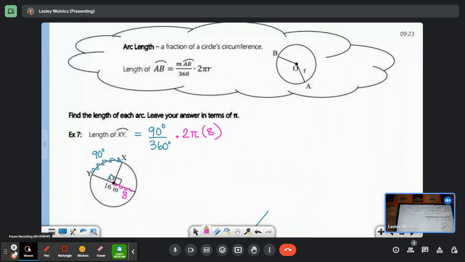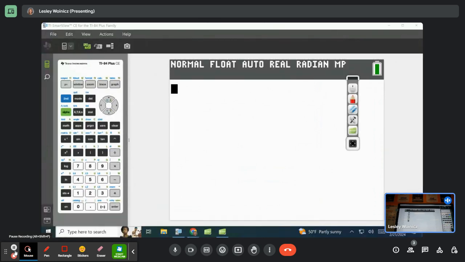Leave it in terms of pi. So the parts that you put in the calculator are 90 over 360 times 2 times 8. Leave the pi out of it. Can we make it 1/4? Yes, you can make it 1/4, but they won't all simplify nice like that, so I'm going to type it in the way that will work every time. 90 divided by 360 times 2 times 8.